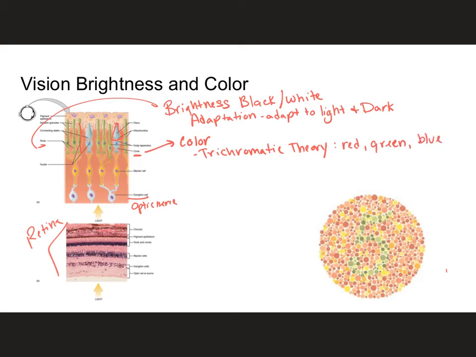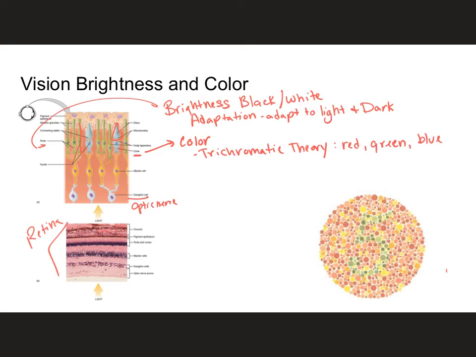And we see these in different formats, and these colors combine to make all the colors that we see. So really we have cones that see red, we have cones that see green, we have cones that see blue, and depending on the wavelength and the wave height, that determines which cones get activated, and that's how we see all the different colors.